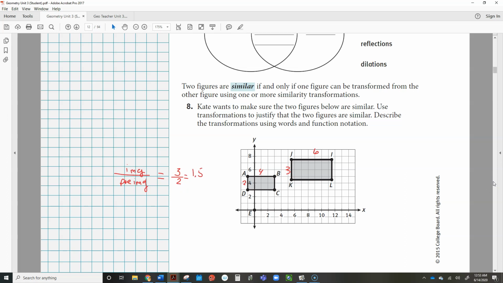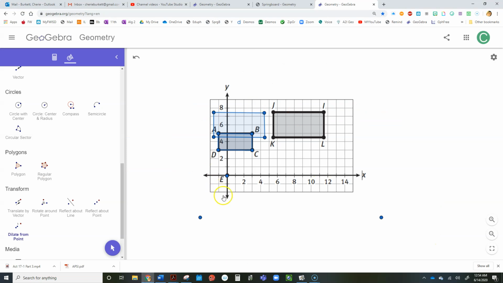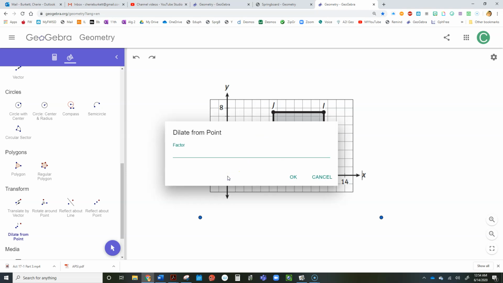They didn't give me any information about the center of dilation, but they've kept it pretty consistent, and they've got E marked right here. I don't think it says, so I'm assuming that E is the center of dilation. So I'm going to dilate this about this point, and the scale factor is 1.5.